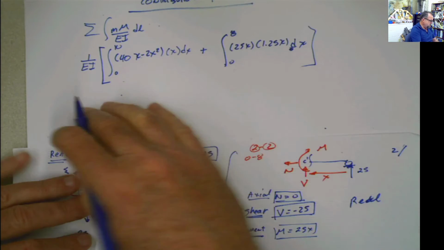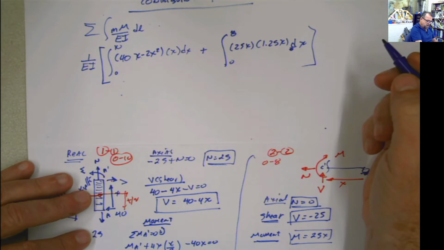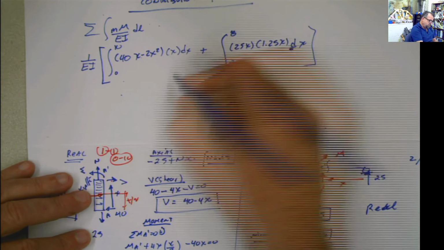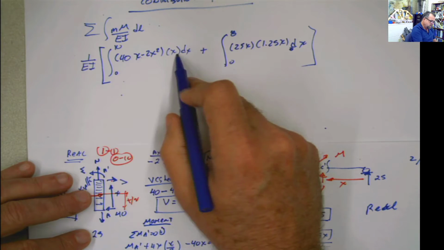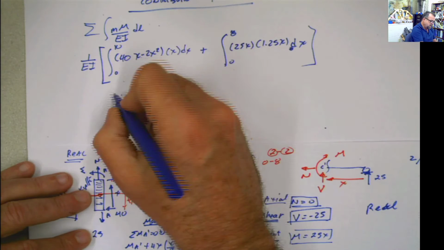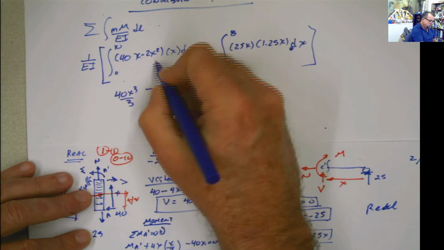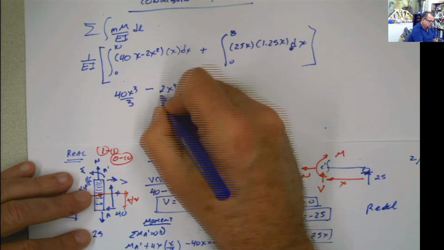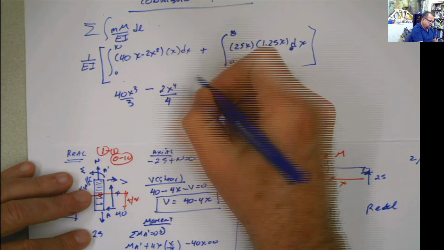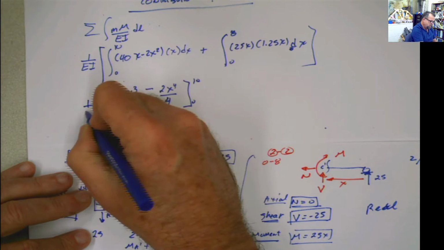Now you can solve these by parts, you can solve whatever you want to do, and then you can evaluate it. I know your calculators do that. If you want to just do it for the sake of doing it, you can say 40x times x is going to be 40x squared. When you integrate that, it's going to be 40x to the third divided by 3 minus 2x to the 4 divided by 4. And this is from 0 to 10. This part evaluated from 0 to 10.